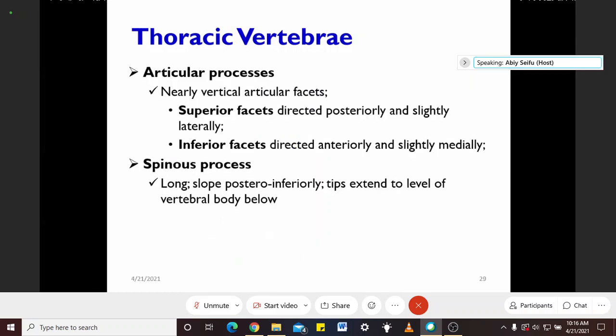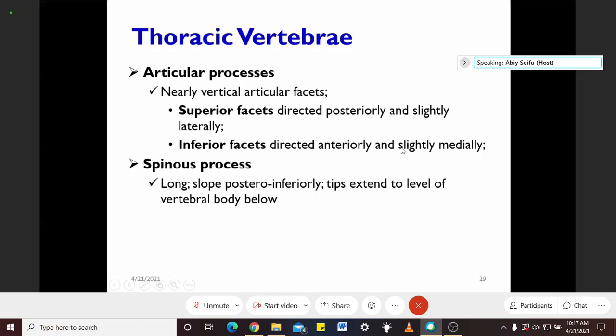Whereas articulation process, there are 4 articulation processes, 2 superior and 2 inferior. The facets of the superior articular processes directly face posteriorly and somewhat laterally, whereas the inferior ones face anteriorly and medially.